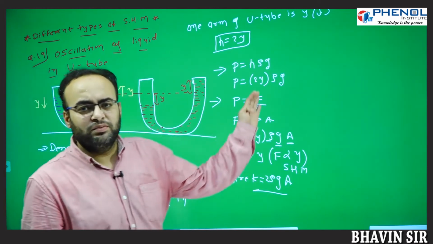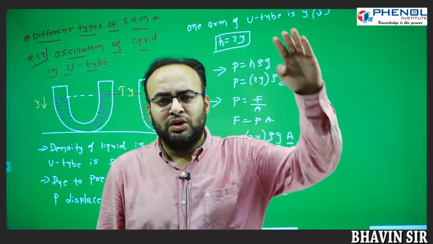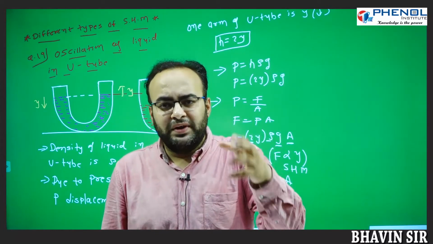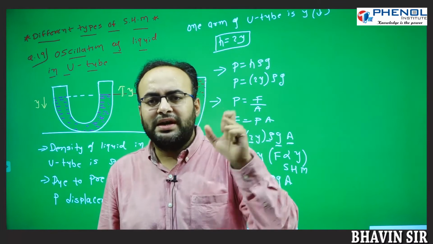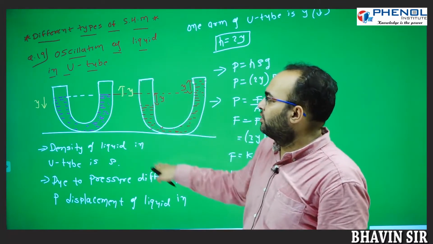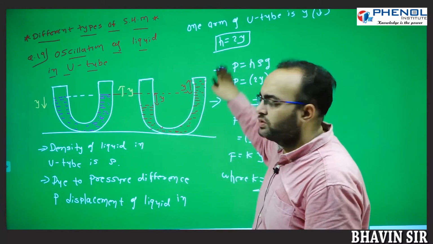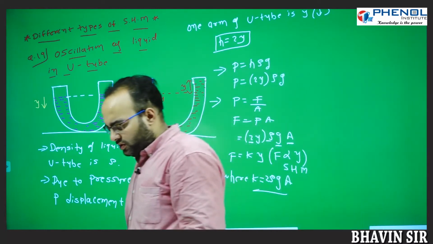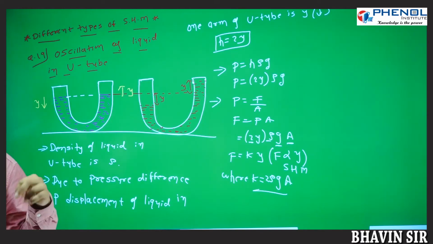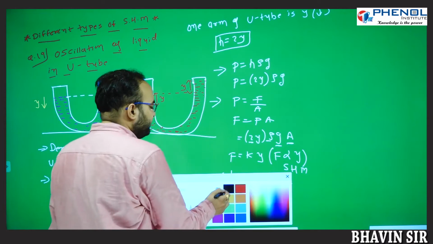So the motion of liquid in the U-tube is SHM. Suppose first it is moving downward, then upward, then again. So the motion of liquid in the U-tube is SHM.